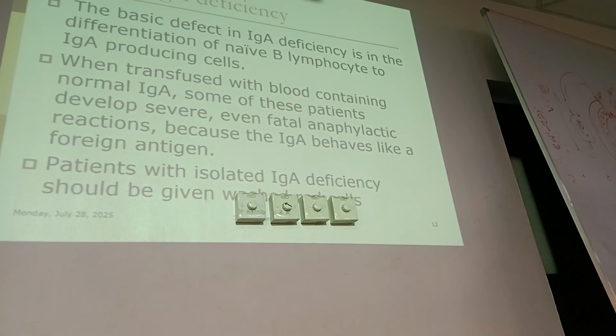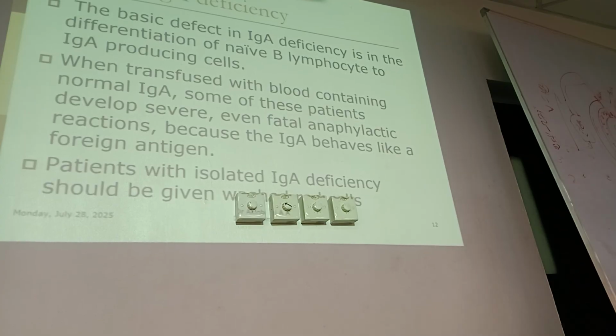Most of the time you give packed cells and then wash the packed cells. You don't give plasma because the IgA is dissolved in the plasma. So if you give IgA-containing blood to isolated IgA deficient patients, the patient will see the IgA in the blood as foreign and then produce an antibody against the IgA, and then it will cause anaphylaxis.